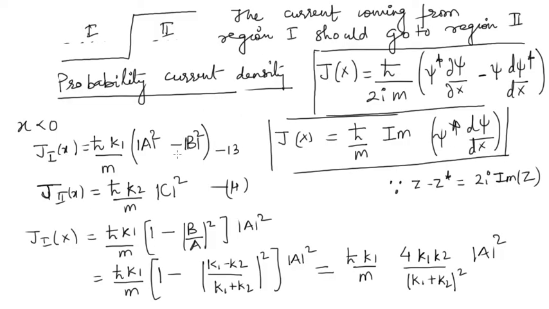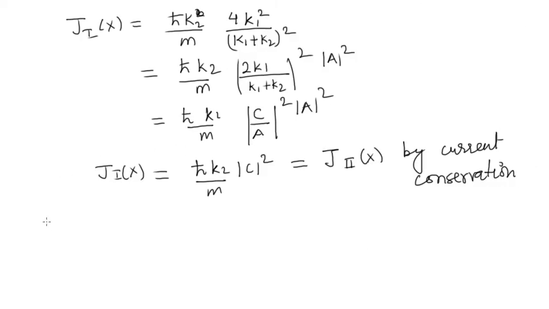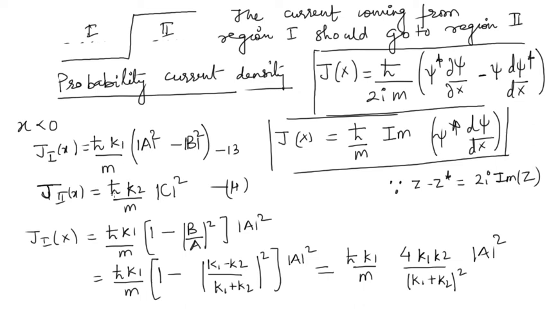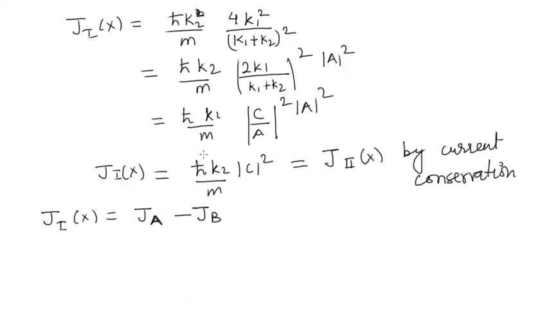Current in the left region I can write as J. In region 1 I can write as JA, the current incident, minus current reflected. Where JA, just I'm defining, h cross k1 upon m mod A square is JA, h cross k1 upon m mod B square is JB.